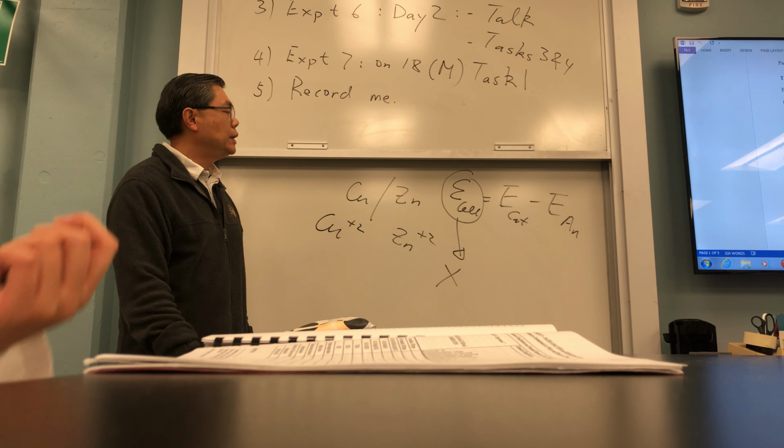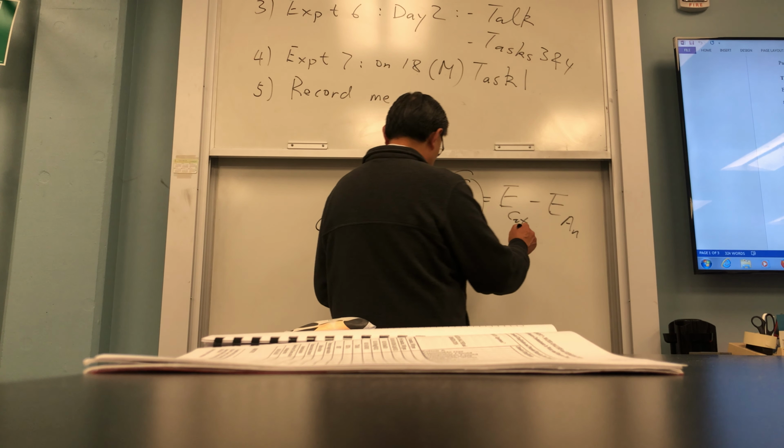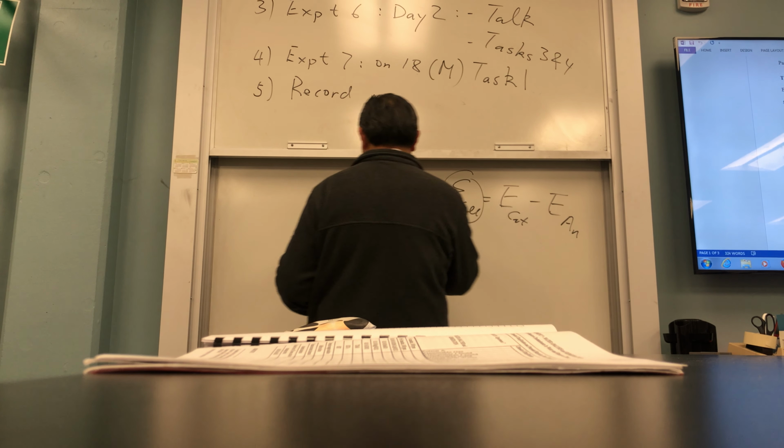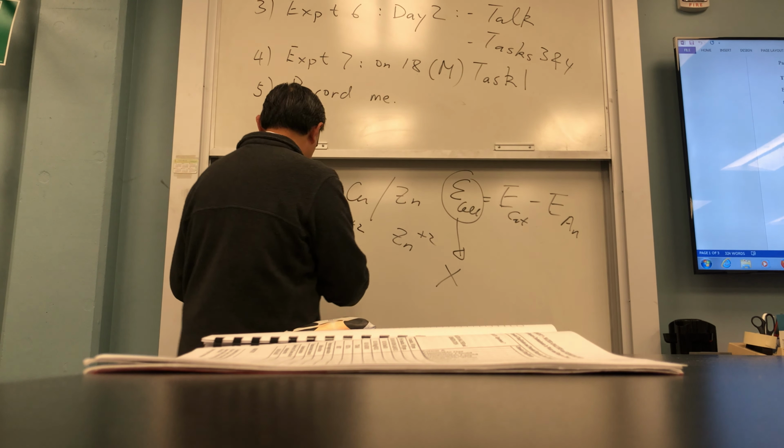Because it will be spontaneous. All right, so what's the copper? Copper is plus 0.34 volt. And then zinc is up there, minus 0.76 volt.